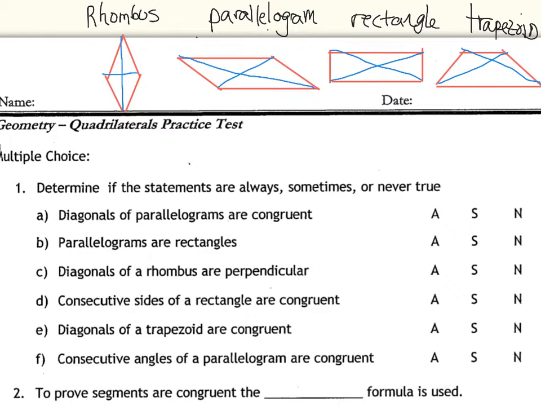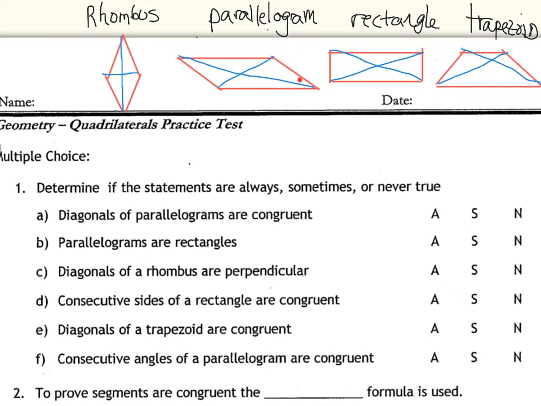Okay, so going through these, for the first one, diagonals of parallelograms are congruent. First of all, understanding that rhombuses, rectangles, and squares are all parallelograms. In this particular picture of a parallelogram up here, the diagonals are not congruent because we have this diagonal compared to this shorter diagonal here.